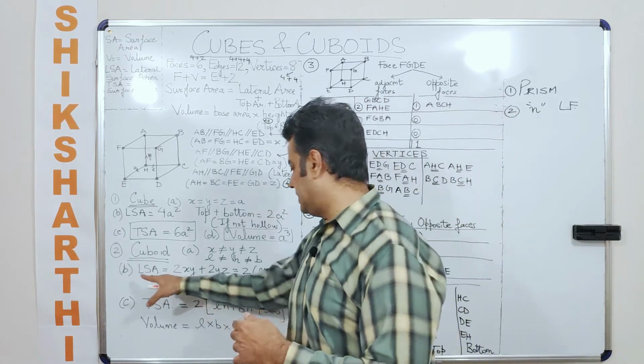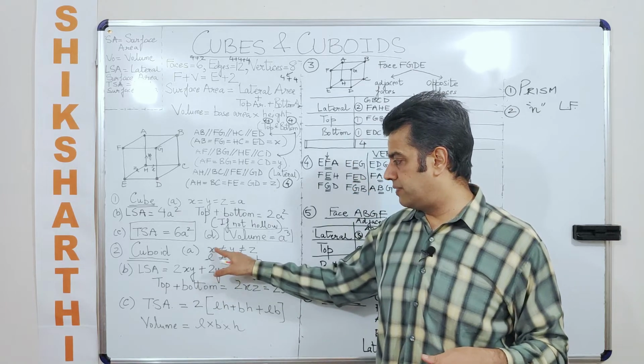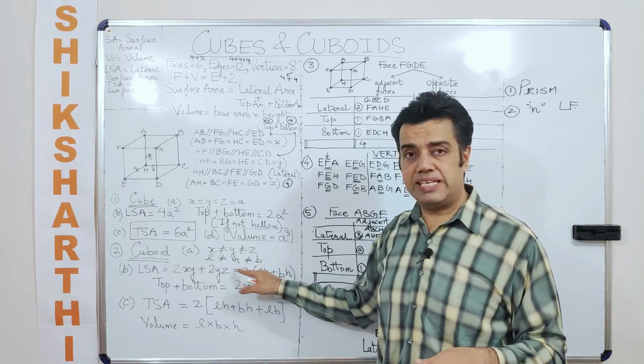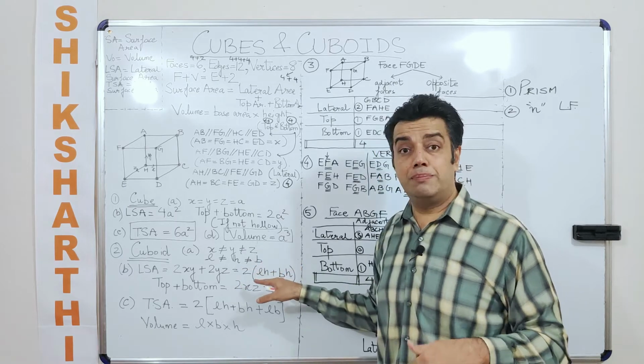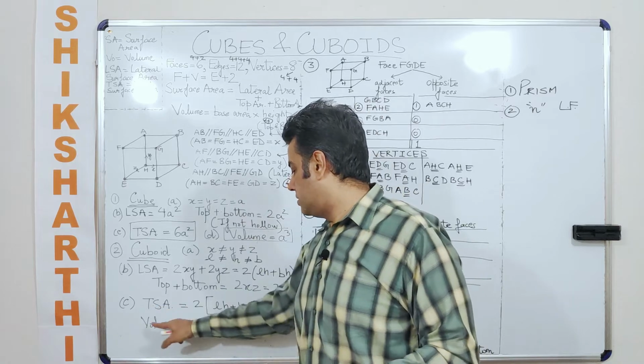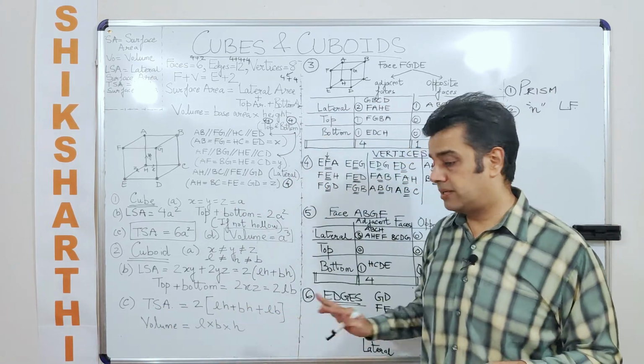So the lateral surface area comes out to be, substituting, because we have assumed that the value of X is L, which is the length, the value of Y is the height, which is H, and the value of Z is nothing but the breadth. We have assumed this. Similarly, we have found out the volume and the total surface area.